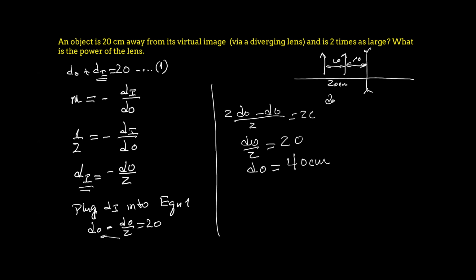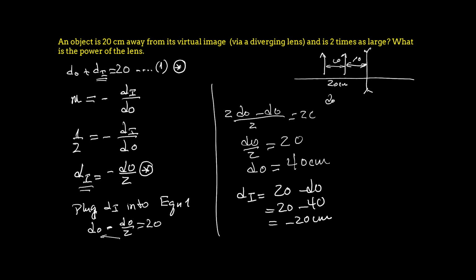So I could use either this equation or this equation to get what dI is. So dI is 20 minus dO, 20 minus 40, which is negative 20 centimeters. Perfect.